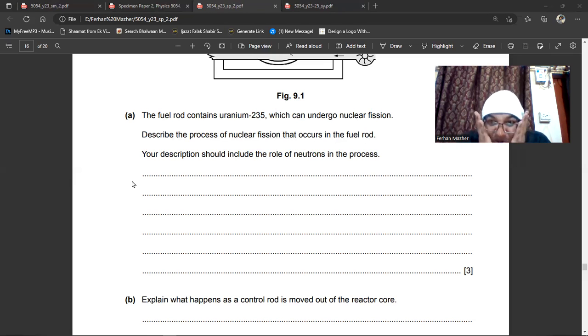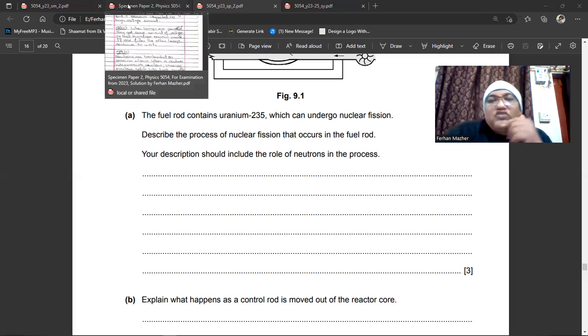Those three neutrons which are produced can do the fission of three more uranium nuclei, then 9 neutrons will be produced, and this process goes on.